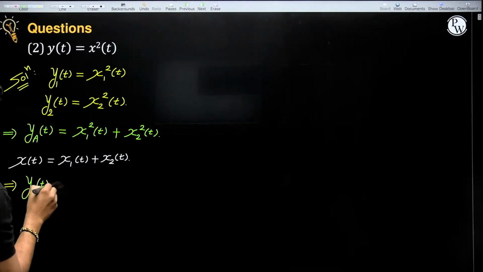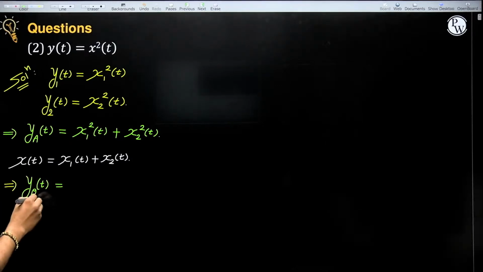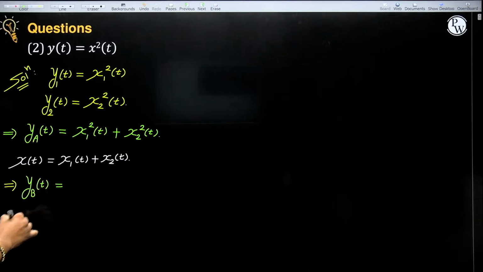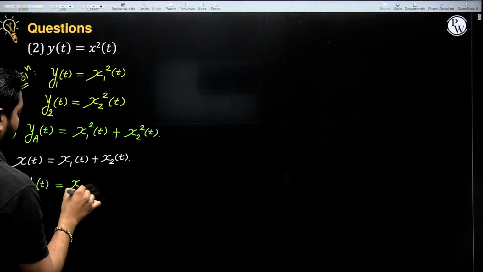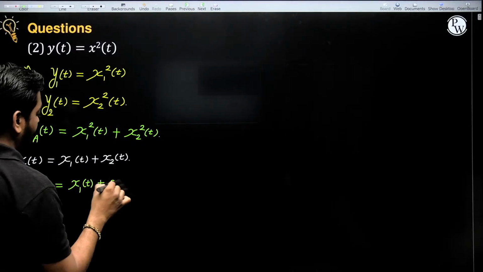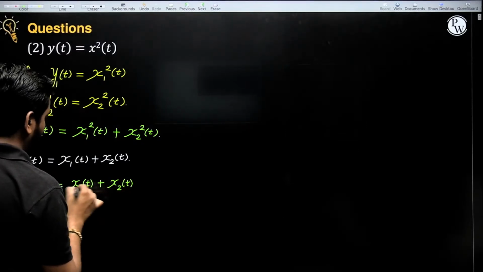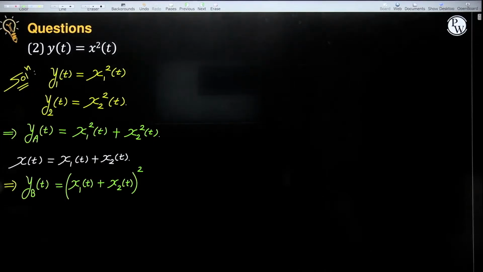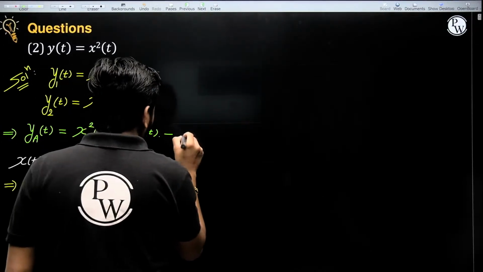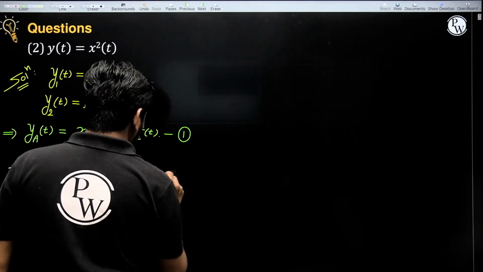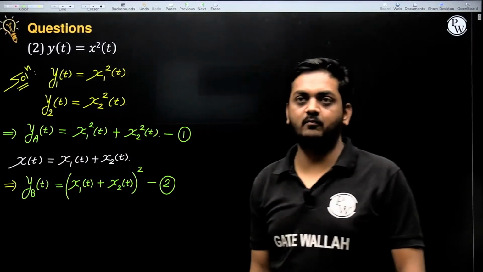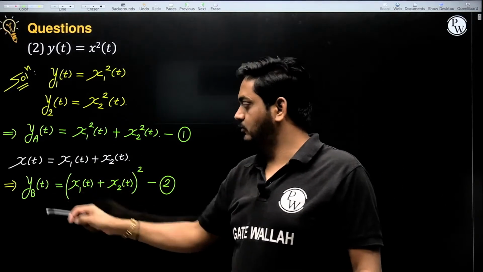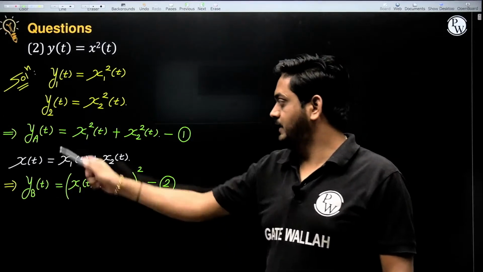So yb of t is equal to x1 of t plus x2 of t whole square. Now as you can see here, number 1 and number 2, ya of t is equal to yb of t.